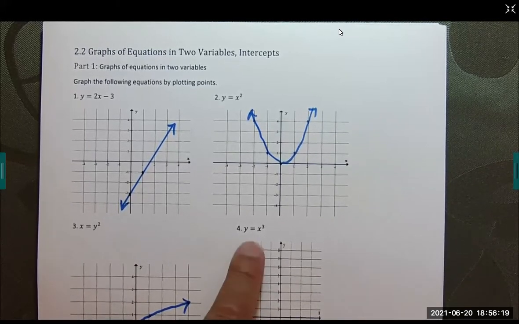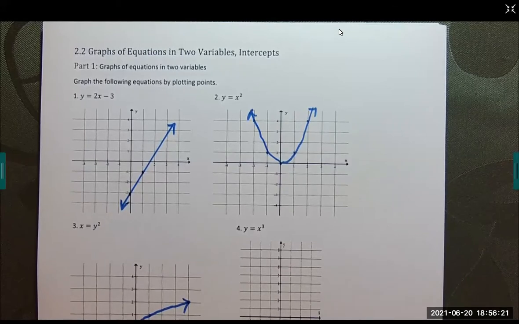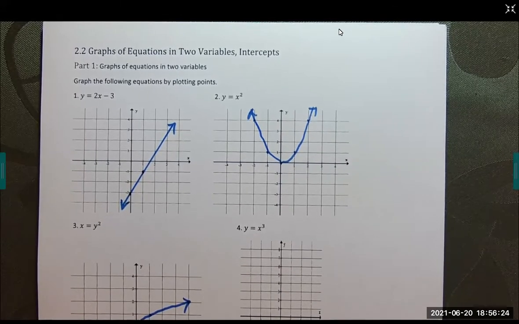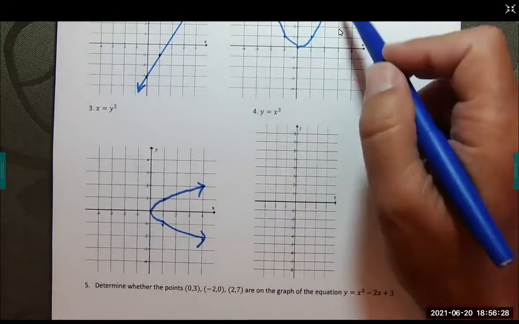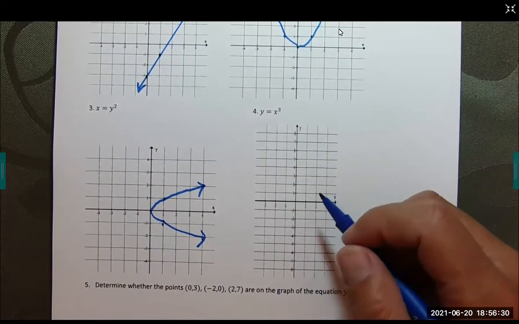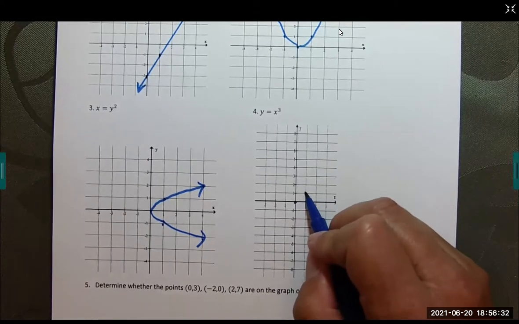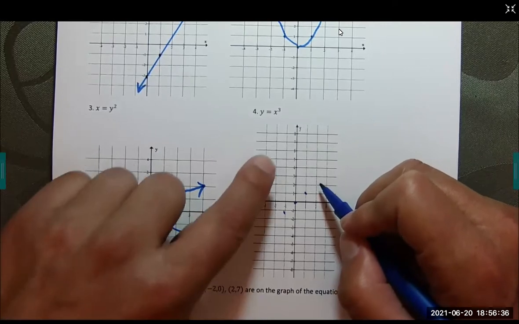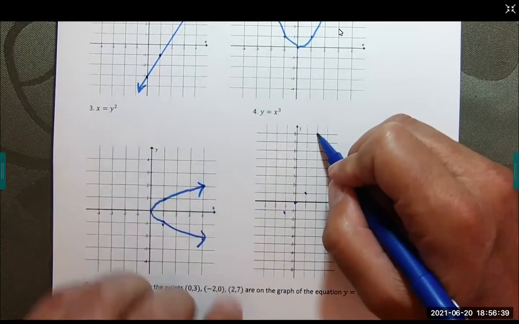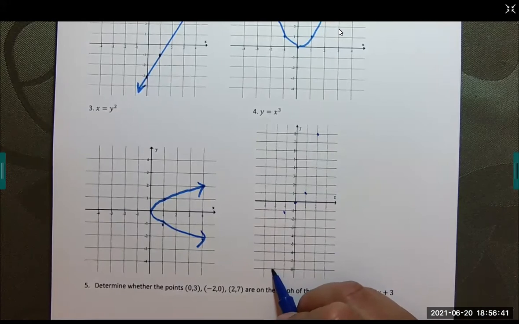And then we have our cubic, and you can see this can go on and on. And we will spend much more time later in the semester in depth with this. So again, this one is supposed to be that there. Here we are up at 7, 8, down here at -8.